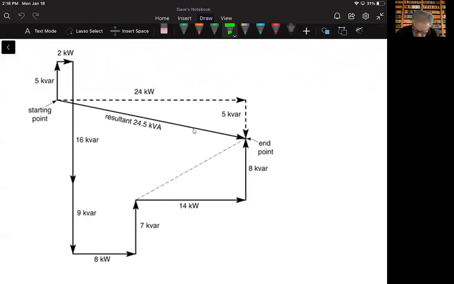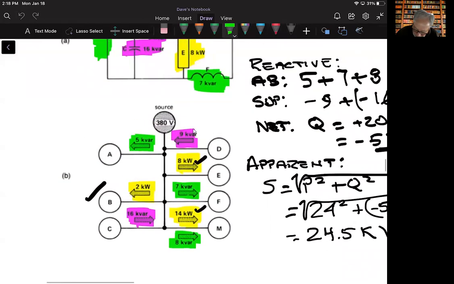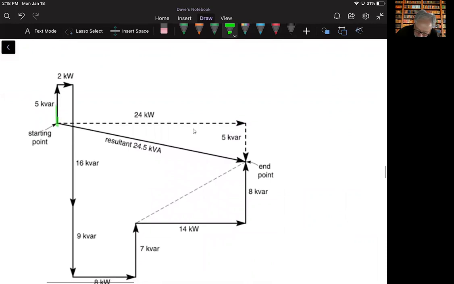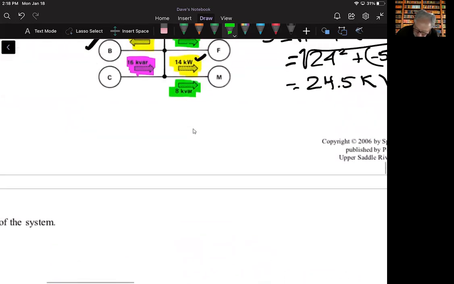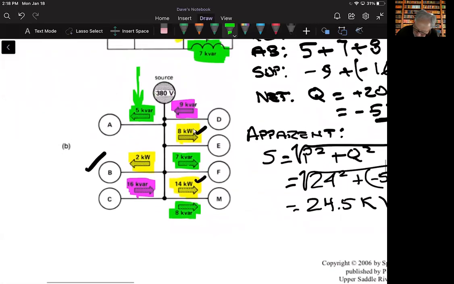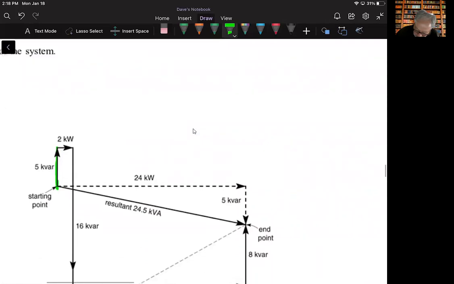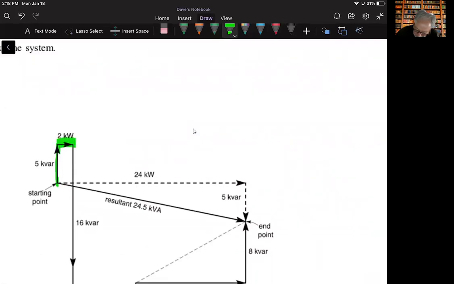And then I've got 5 kVAR here, right? I won't step through all of these for you, but that would be 5 in this direction, and then I had 2 kilowatts in this direction, right?